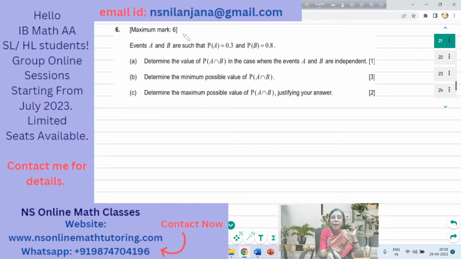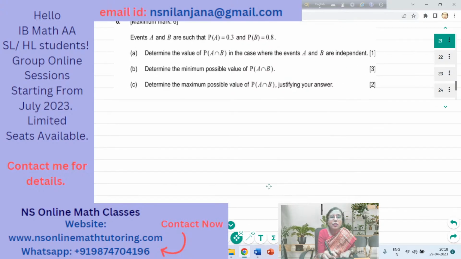Maximum mark is also 6. Events A and B are such that P of A is 0.3 and P of B is 0.8. Part A says, determine the value of P of A intersection B in the case where events A and B are independent.